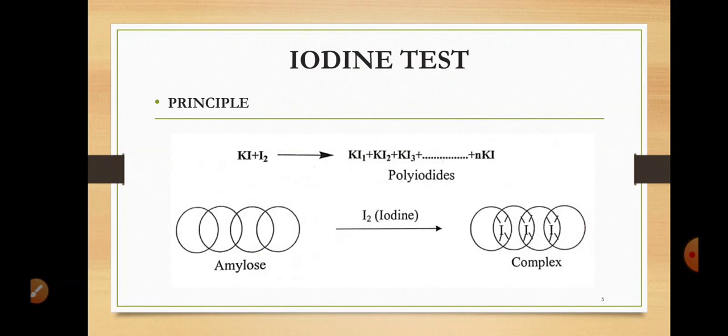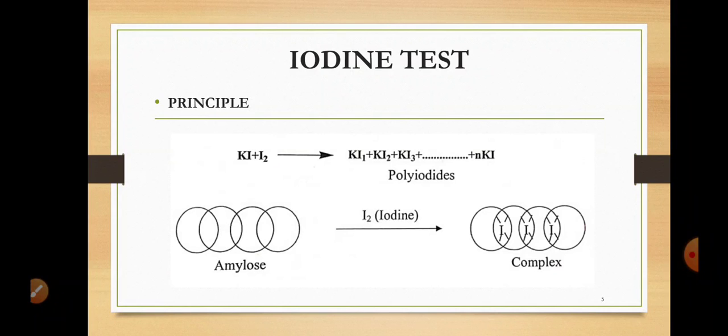Now you can see the principle in the form of the reaction, that is potassium iodide plus iodine. When you mix them, you can see polyiodides forming. And in the next line you can see starch, which is usually present as a polysaccharide.